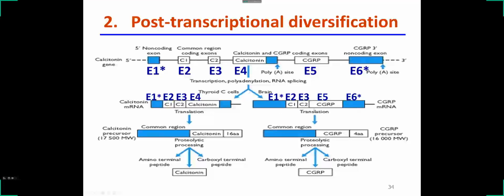This gets recognized by ribosomes to make eventually the precursor to CGRP. They have the same common regions, so some of the same enzymes are involved in processing, but this leads to a mature CGRP in this case, and not a mature calcitonin. This is the case for the brain.